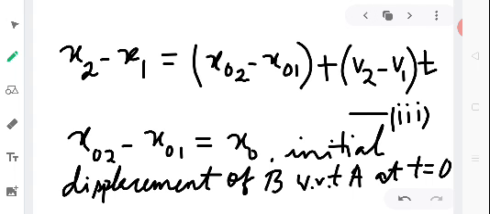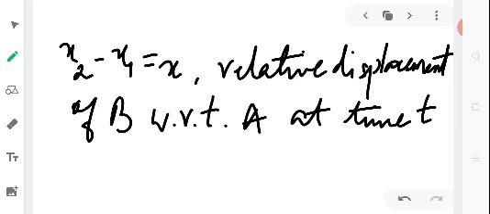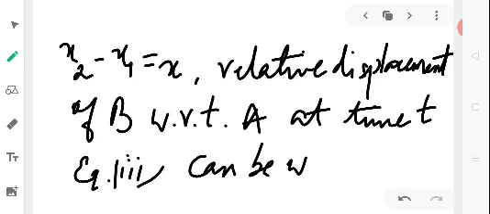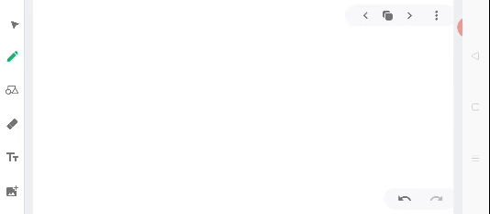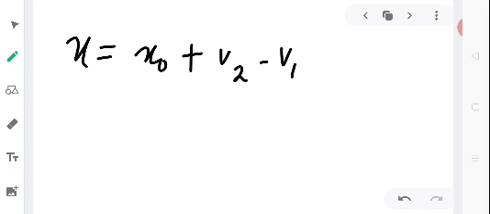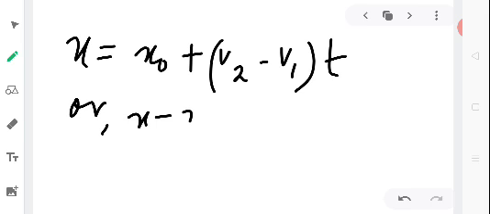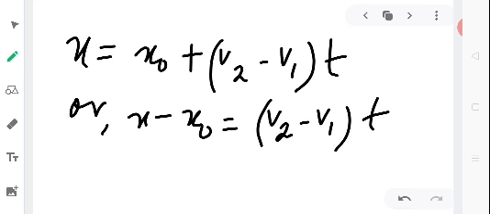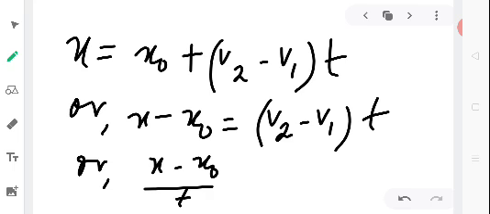Thus, if we go back to equation number 3, we can write it as x equal to x0 plus (v2 minus v1) times t, or x minus x0 is equal to (v2 minus v1) times t, or (x minus x0) divided by t is equal to v2 minus v1.